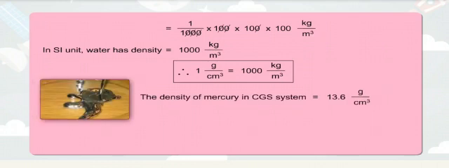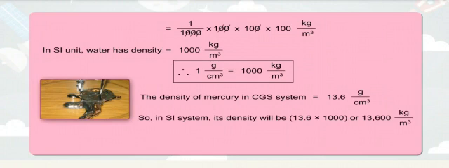If we take the density of mercury in the CGS system, it is 13.6 gram per centimeter cube. If we have to convert it into the SI system, we need to multiply 13.6 into 1000, which becomes 13,600 kilogram per meter cube.